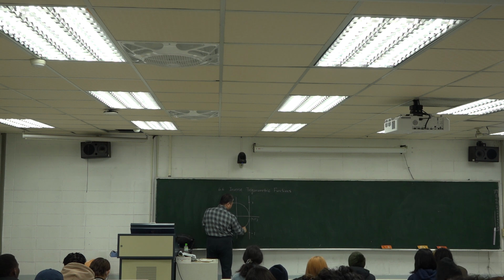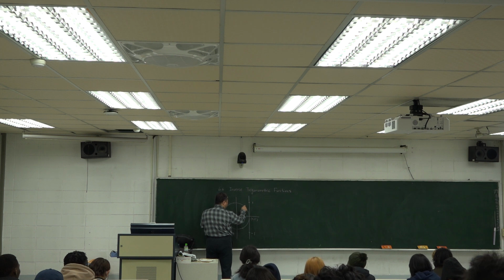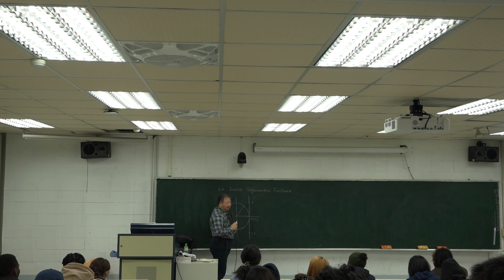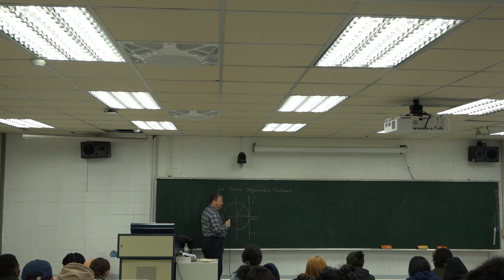We call this angle 1 by using the arc length. This kind of measurement is called radians.